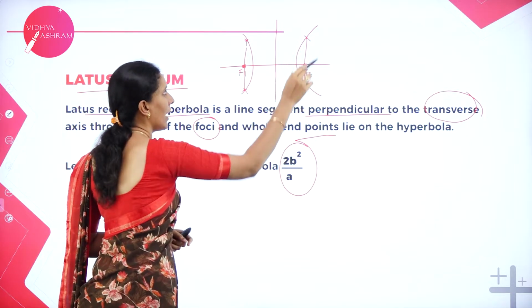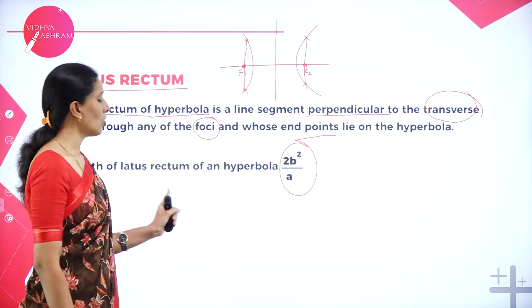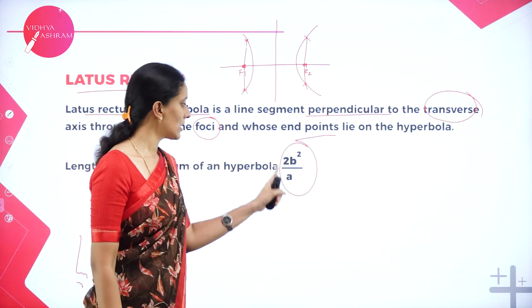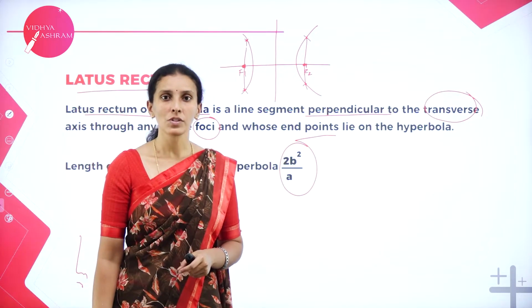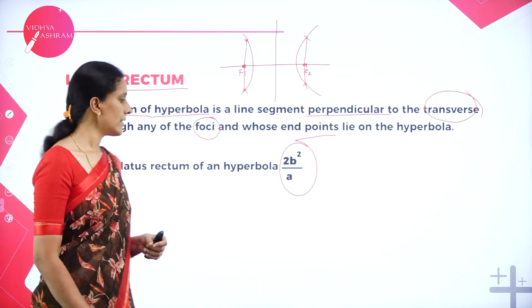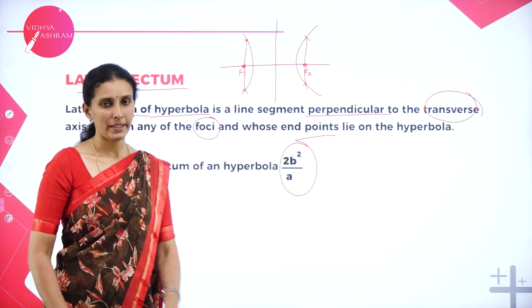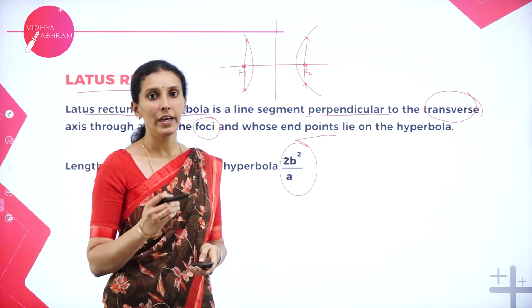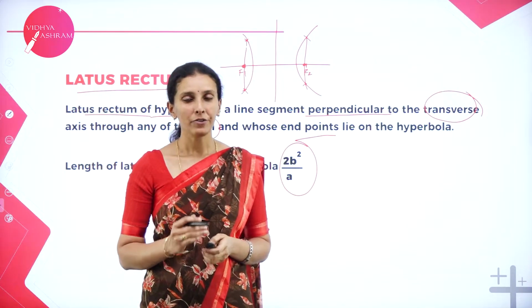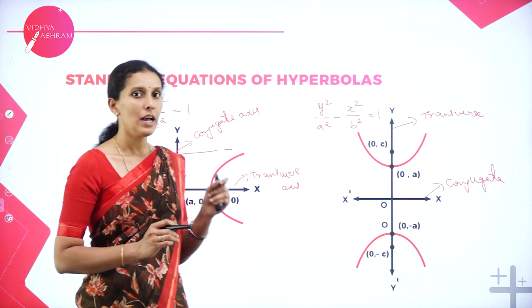So these are the end points of the latus rectum and the length of the latus rectum is calculated using the values 2b square divided by a. So thus the length of the latus rectum of a hyperbola is given by the value 2b square divided by a. Apart from this, we have the eccentricity of a hyperbola.